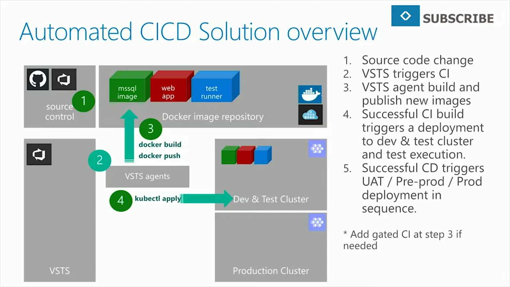Once that is successfully done, VSTS executes the next step automatically or through an approval process, running the same kubectl apply command. In this case, it can deploy the MS SQL database image or the web application into a pre-production or production cluster. This operation occurs whenever there is a source control change, or you can schedule it, like running once per day or multiple times a day at a specific time.